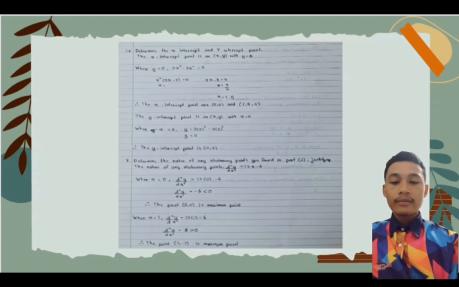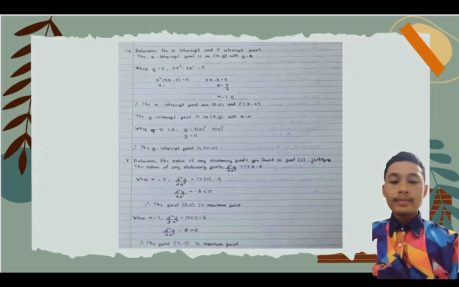Determine the nature of any stationary point you found in part 2. Justify. The nature of any stationary point: d squared y over dx squared equals 12x minus 6.